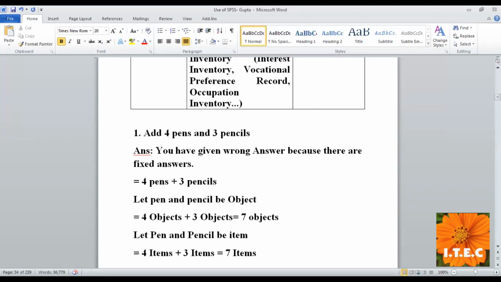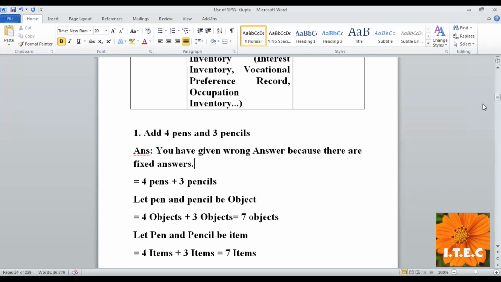Like this, you can answer this particular question. That means you people do not know the rule of addition. And you do not know subtraction also, I'm 100% sure.